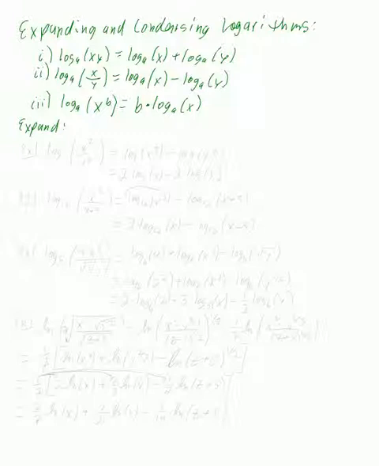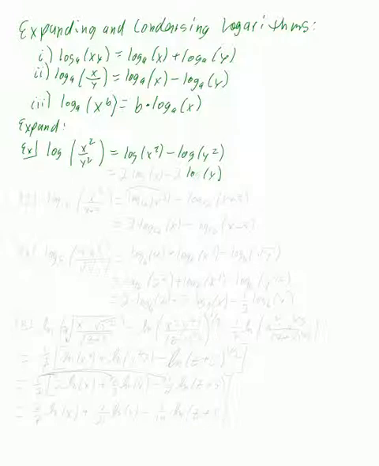So we're going to expand this as far as we can go. Our first example is going to be common log, which is base 10 when there's nothing written there, of x squared over y squared. I'm going to use the second rule, the quotient rule, and write down log of x squared minus log of y squared.